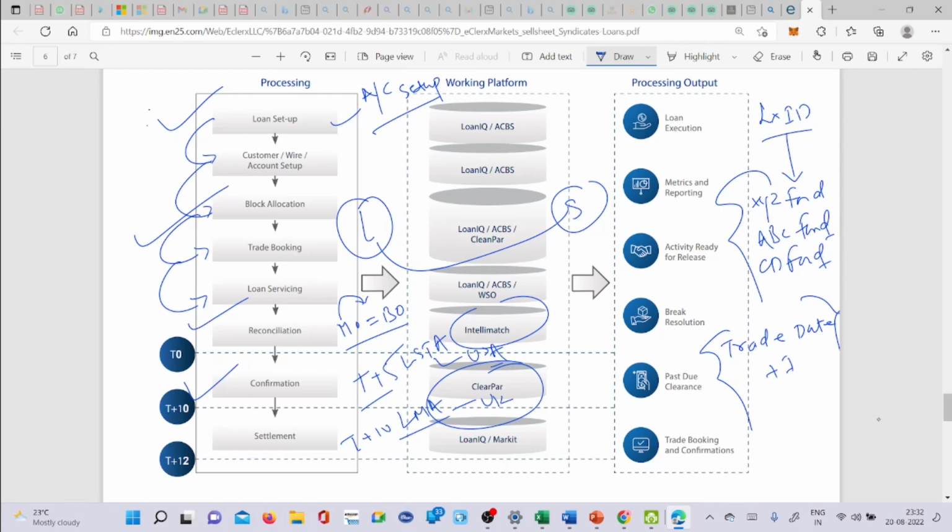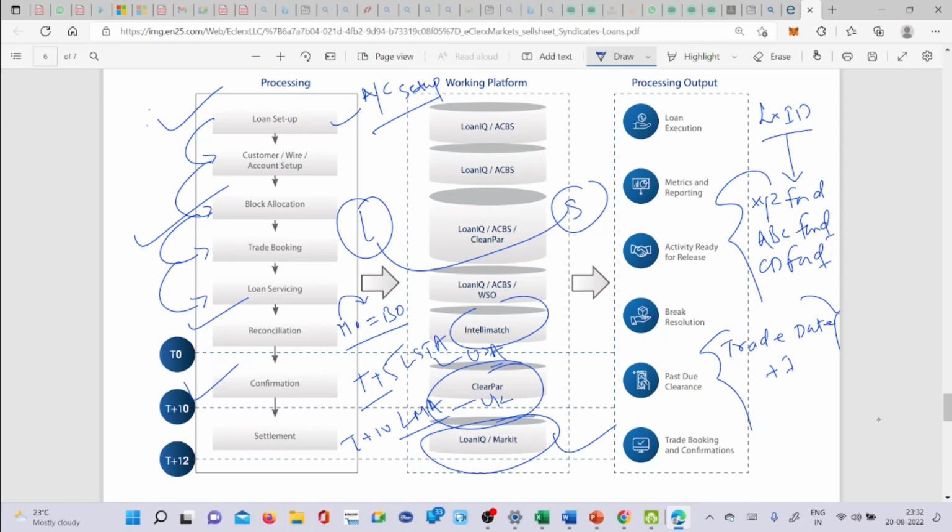Then the market. If you require any security details, the market provides that information to you. Let's say LXID is missing, or ISIN is missing, or any other product information is missing. In that case, you can log into the market, and with the help of the issue name, you can check the identifier information, take a snapshot from that, and send it to the respective team to update it.